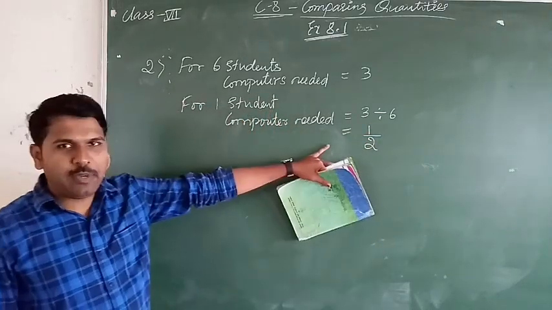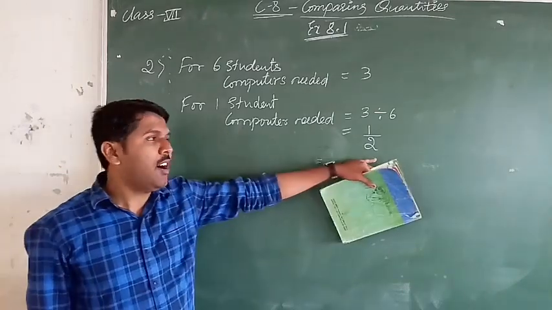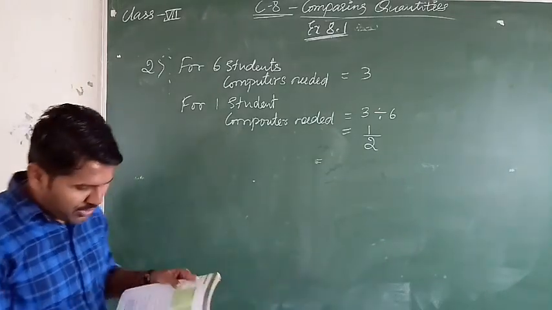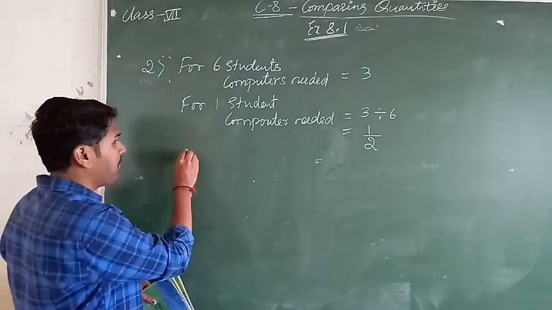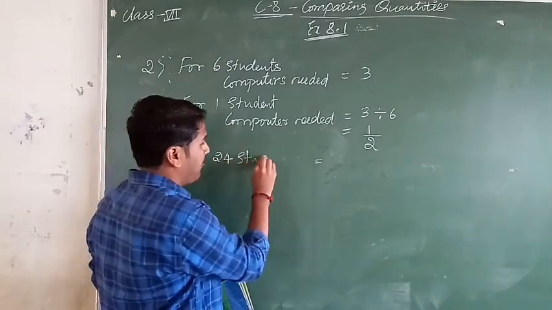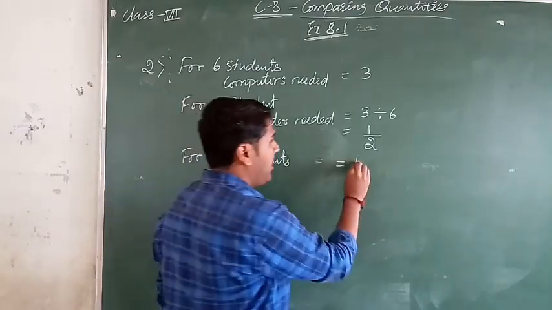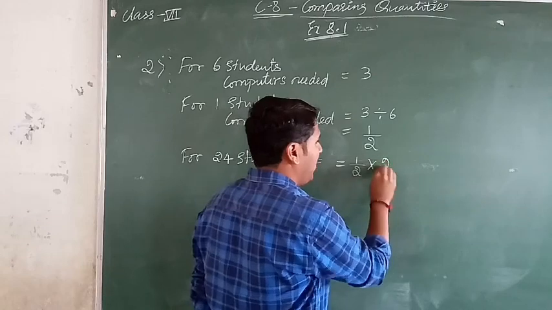Practically it is not possible, but for our purpose I have taken that for 1 student half a computer is needed. For how many students? For 24 students. How much is needed? 1 by 2 into 24.